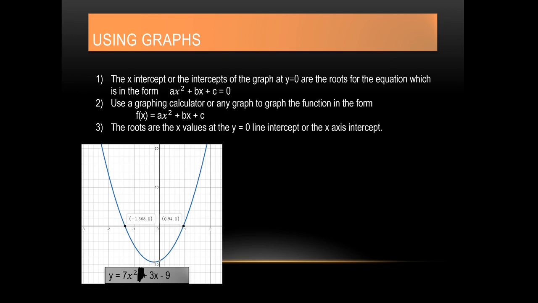If we take an equation where the standard form is 7x square plus 3x minus 9 equal to 0, then the two roots of the equation will be 0.94 and minus 1.368. You can use many graphing calculators to find this out. For this one, I used a graphing calculator called Desmos.